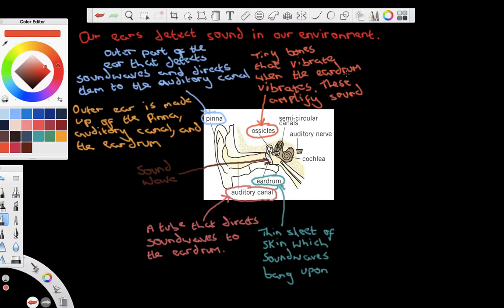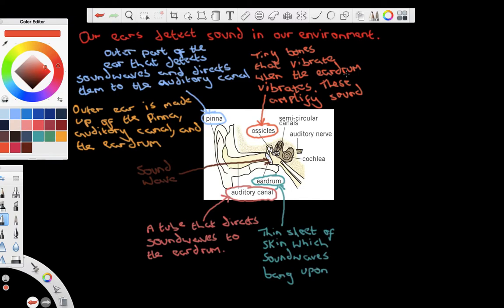When the ossicles vibrate, they cause movement inside the semicircular canals. Now, the semicircular canals cause liquid inside of the cochlea to vibrate.